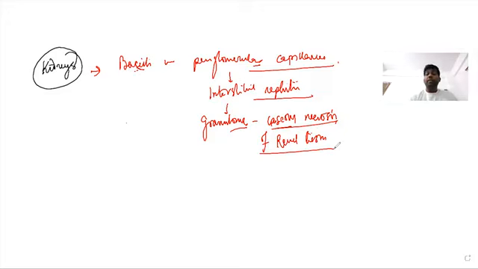The granuloma leads to caseous necrosis at the center, and this caseous necrosis will damage the renal tissues. This can progress to fibrosis.